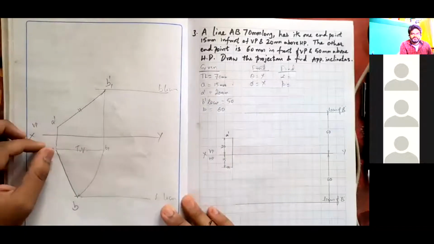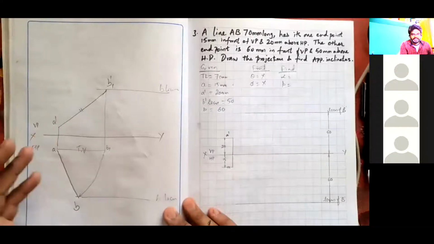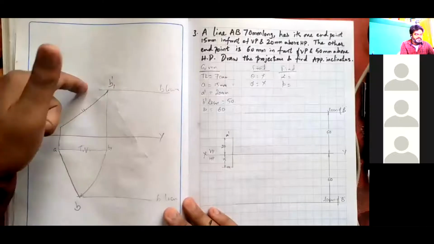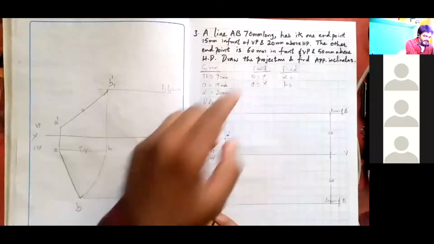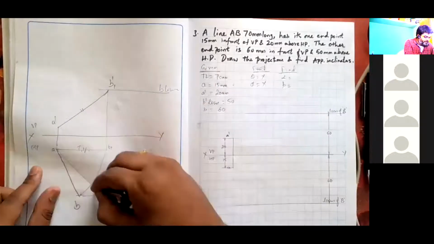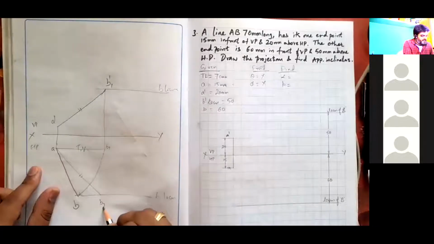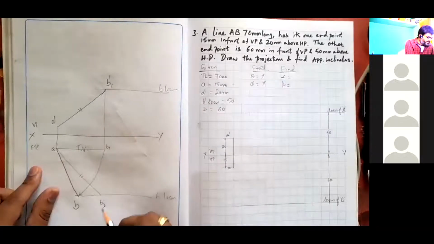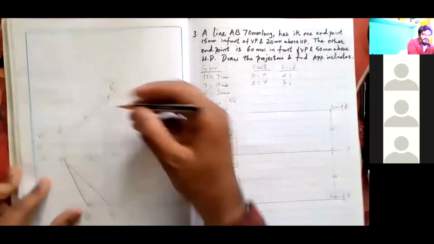Next, the true length 70 mm is known. Here also, cross-checking the problem, your problem will be right only when B and B dash lie on the same line. 70 mm is given in the problem. I will draw the true length till here and name it B2. Second time I'm making it parallel to the horizontal plane and project this B2 towards VP, that is A B2 dash.